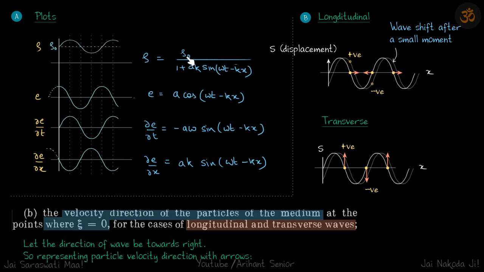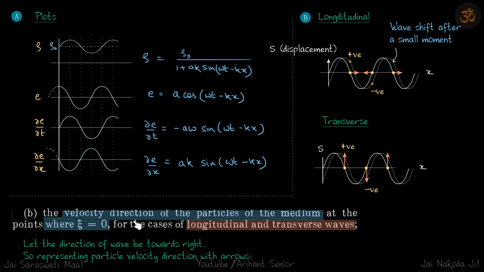Then at t equal to 0, if you increase x, you can see the denominator will reduce, so rho will increase. That's what I have indicated here. So all these graphs we can plot from here.